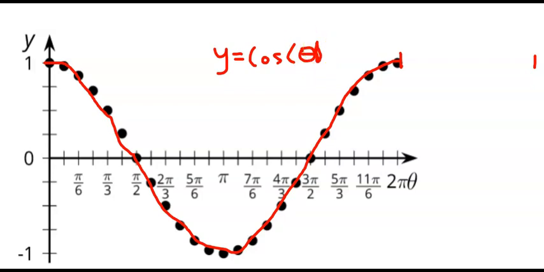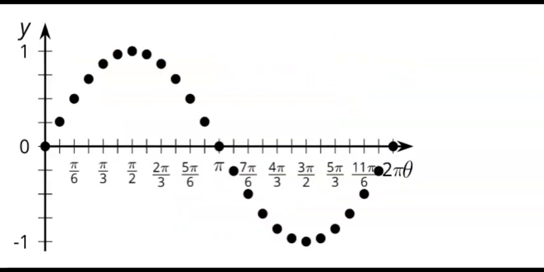And then in problem 18, they ask you to do the sine function. So this would be the y values. Like I showed in problem 16, you're starting at 0, at 90 degrees, or pi over 2, you're at the height, which is 1.